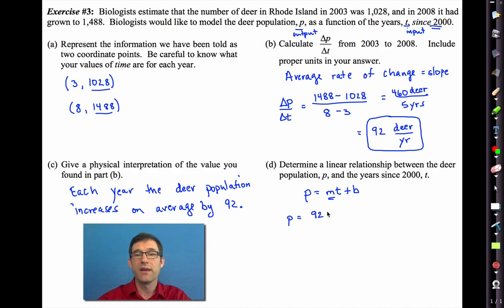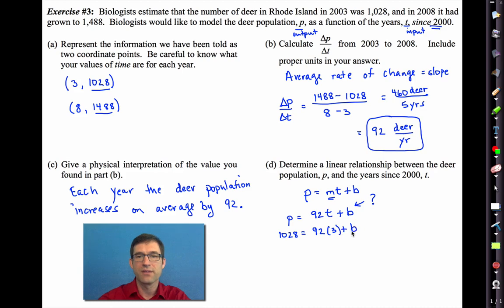P equals 92 times T plus B. The only thing that we don't know is this, but in the last few lessons we've seen this repeatedly. In order to calculate the y-intercept, once we know the slope, we simply need to pick one of the 2 points that we have, substitute it in. I almost always take the first one because, hey, why not? But it shouldn't matter.